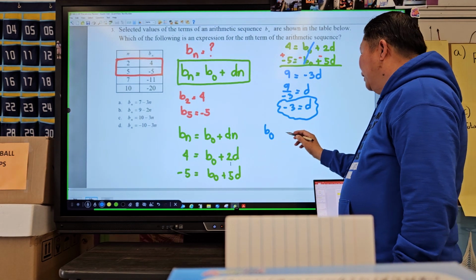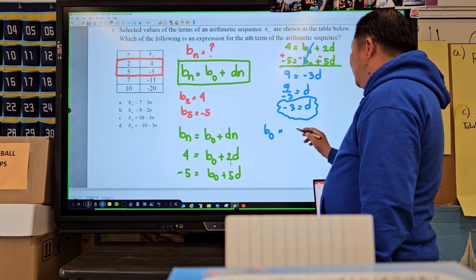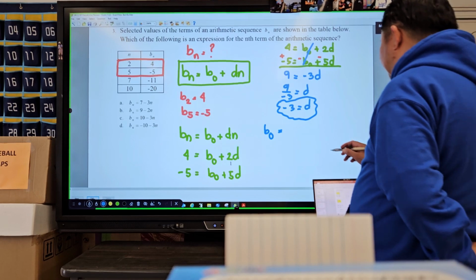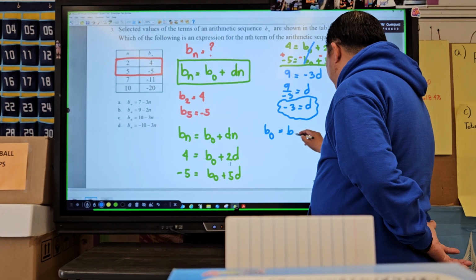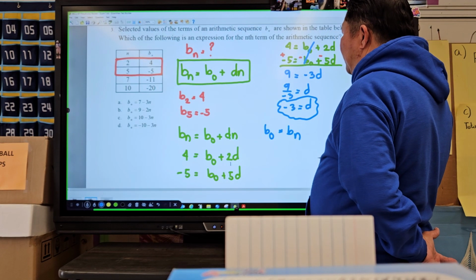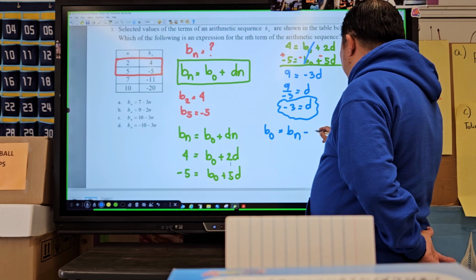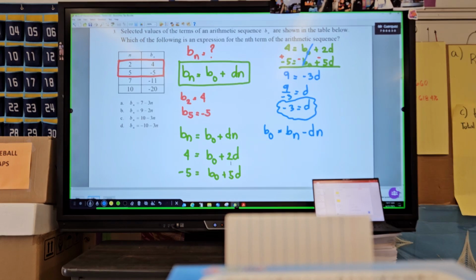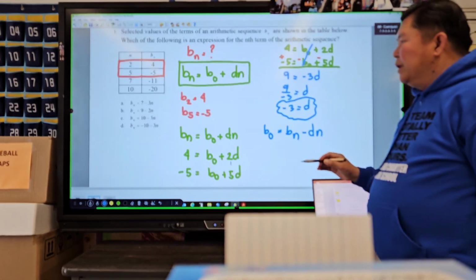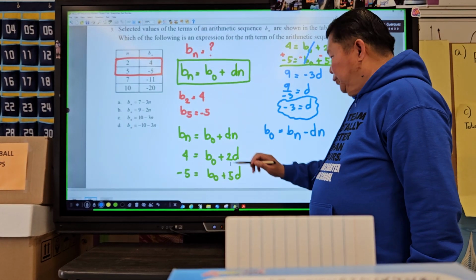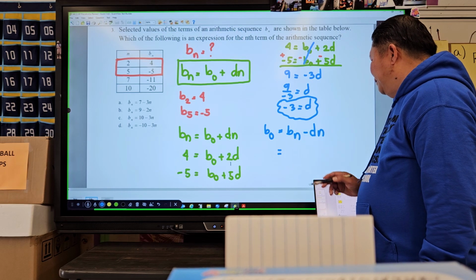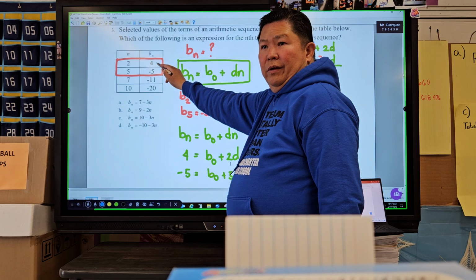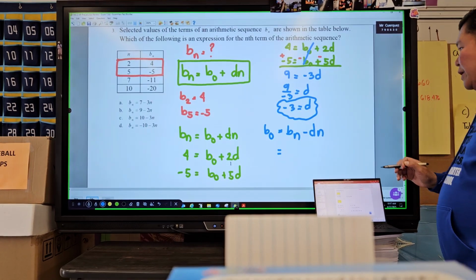Okay, we're gonna rewrite is equal to, we have b sub n minus d n. Okay, we want to solve for the b sub o. So what is bn? What is bn right here? It's going to be 4.